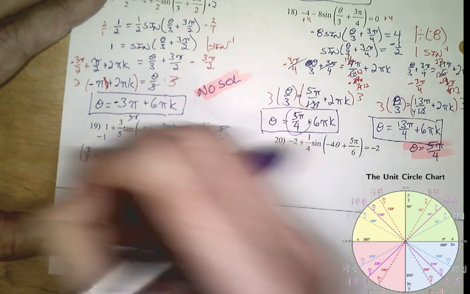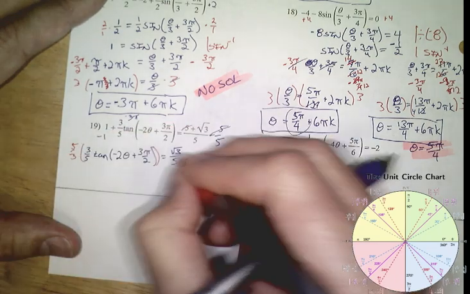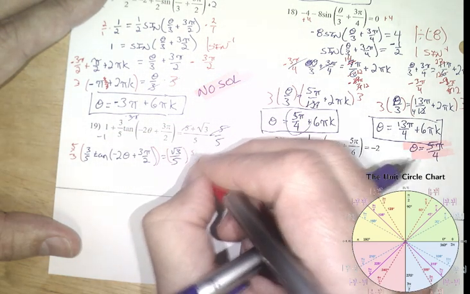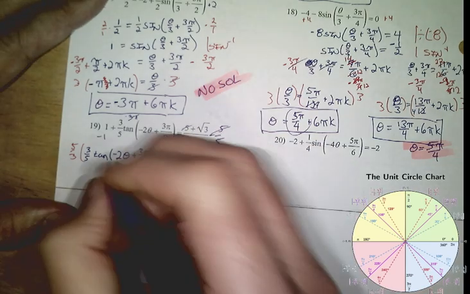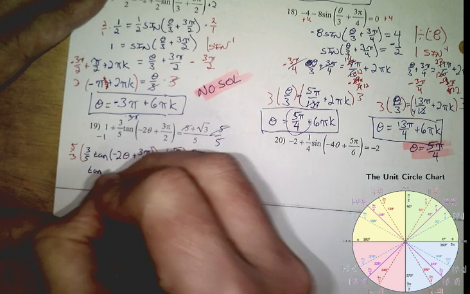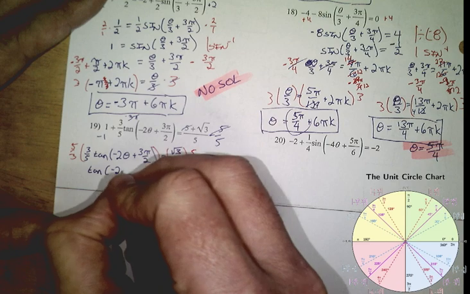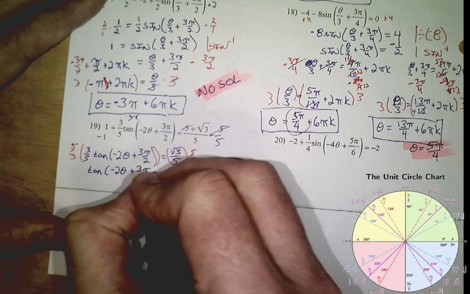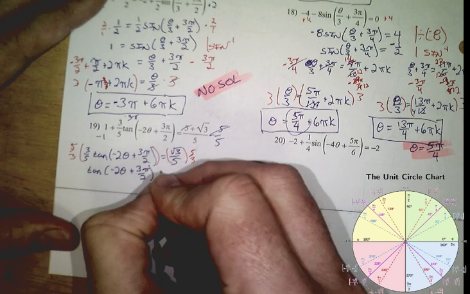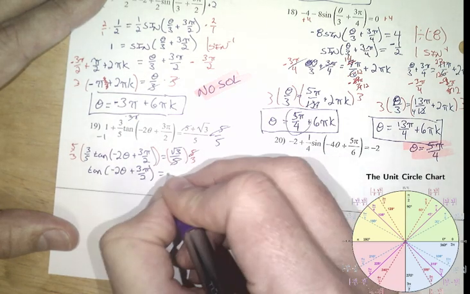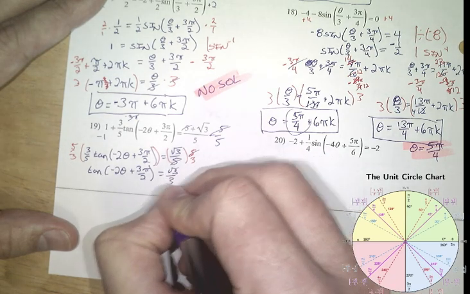We can then multiply both sides by 5/3, giving us tangent of negative 2 theta plus 3 pi over 2 is equal to, the 5's cancel out, square root of 3 over 3.